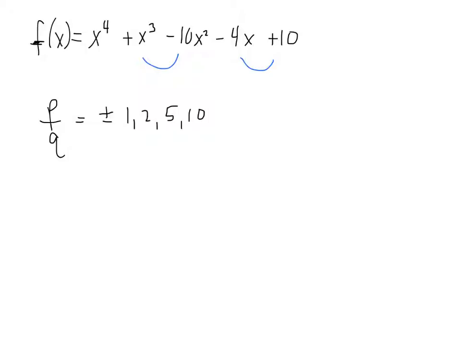Charles? At most 2 positive real roots. Yeah, why at most, Charles? Can you explain to everybody? Off by 2, so it could be 0. Yeah, you could have 2 real roots, or you could have 0 real positive roots. Okay, so at most 2 positive real roots.